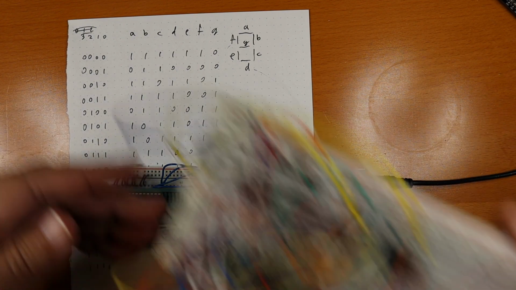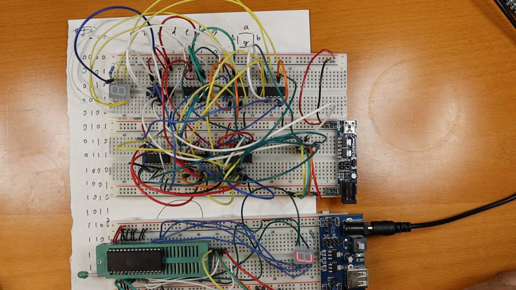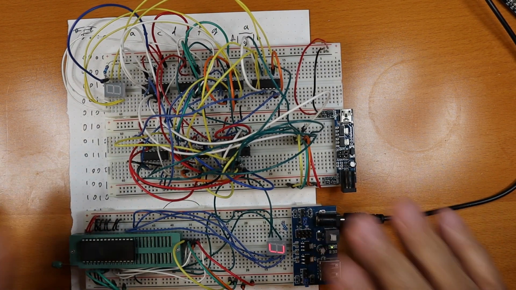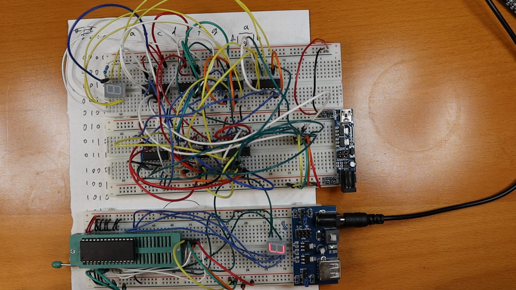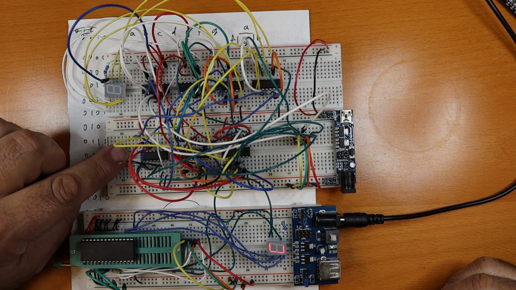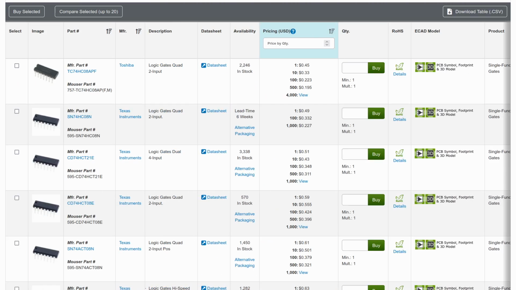But it even requires fewer circuits. So the obvious question is, are there any downsides? And the answer is, oh boy, are there downsides. Let's begin with the cost. Each one of those logic chips costs 50 cents if you buy it a single chip at a time.